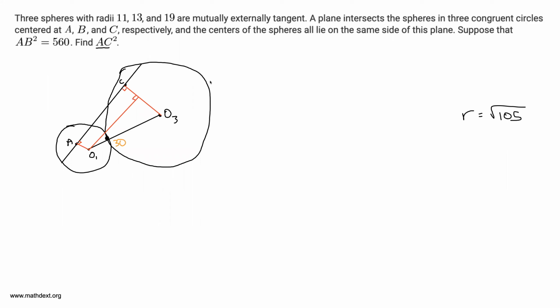This time we have some information because this radius is root 105, and this radius is root 105 as well. And this length is 11. And this length over here is 19. So how are we ever going to find AC?